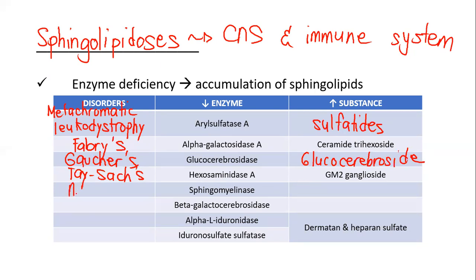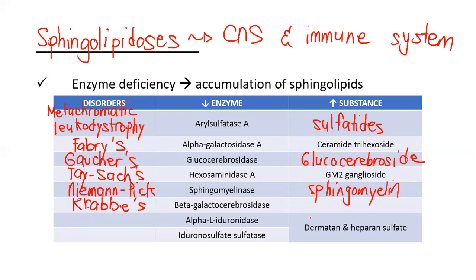Next would be Niemann-Pick disease, deficient enzyme, sphingomyelinase. Thus, from the name itself, accumulating substance or sphingolipid would be sphingomyelin. Next would be Krabbe's disease.